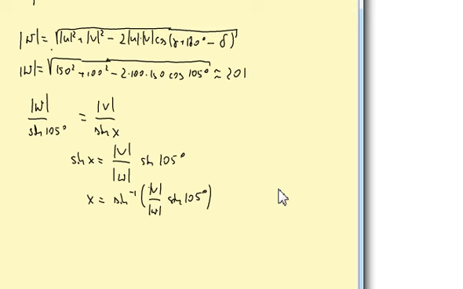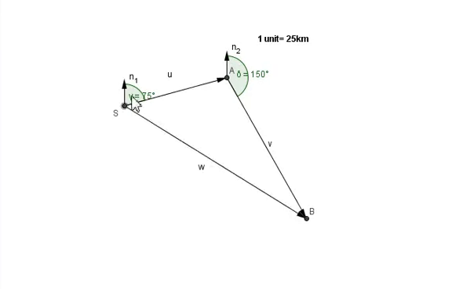Now actually that's not what we are looking for, but we are looking for the bearing of point B, so to get the bearing we have to add delta and x together.